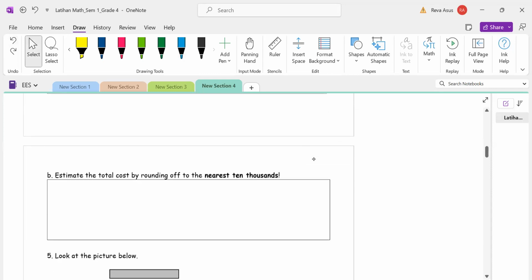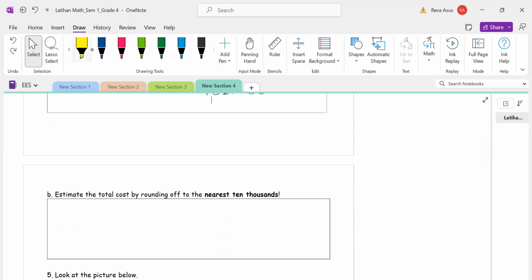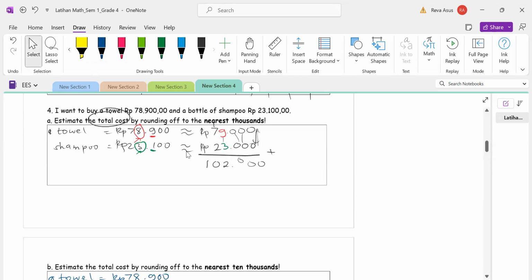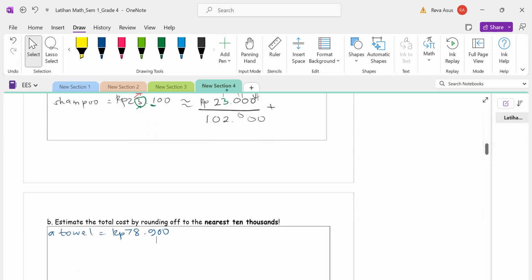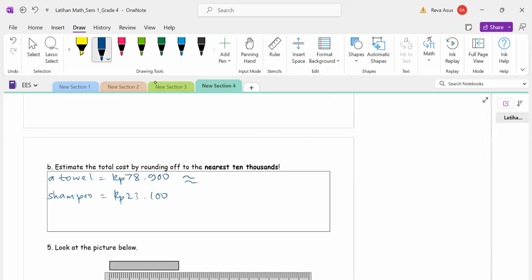And then for B, estimate the total cost by rounding off to the nearest 10,000s. We know that a towel costs 78,900 rupiah. Correct, right? And then shampoo 23,100 rupiah. We need to round it off to the nearest 10,000s.